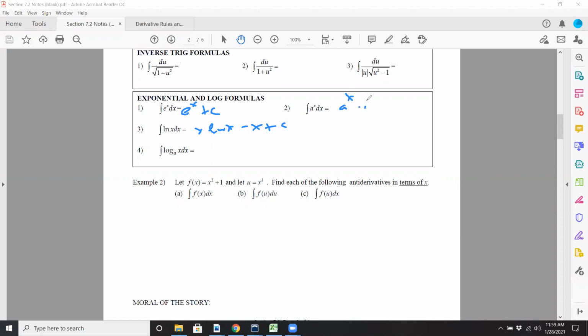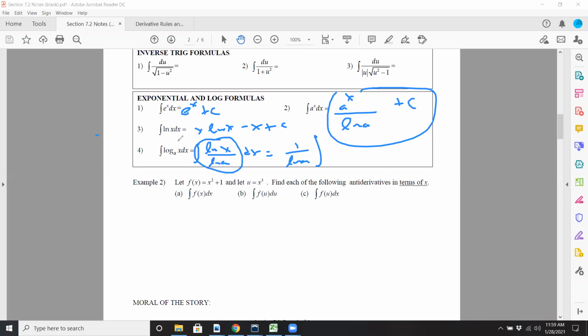A to the x over natural log of a plus c. Actually, you have to divide by natural log of a because it's the opposite of derivatives, because if you were to take a derivative of this, you would get back to a to the x. And here you can think of this as using the change of base formula. So ln x over ln a dx, and 1 over ln a is a constant which can be pulled out. So here I'm using the change of base formula, just so you know, for logs.